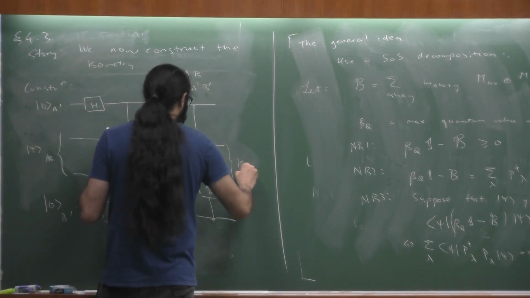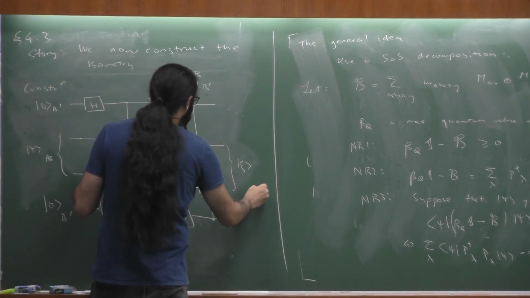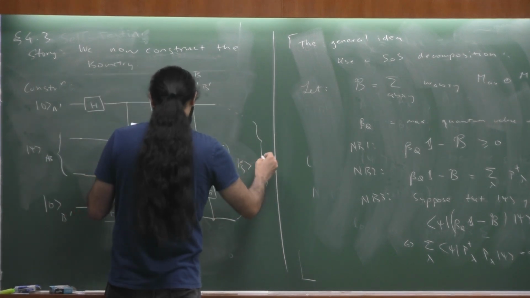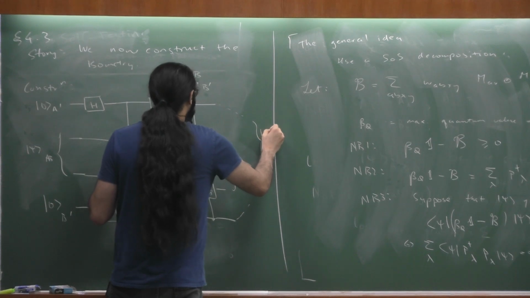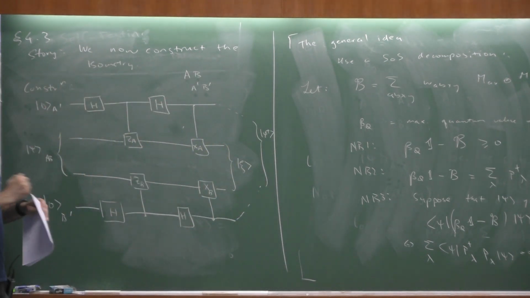We're going to get some state psi here, and we want to prove this is phi plus if psi corresponds to the maximally entangled state. So this is the isometry.